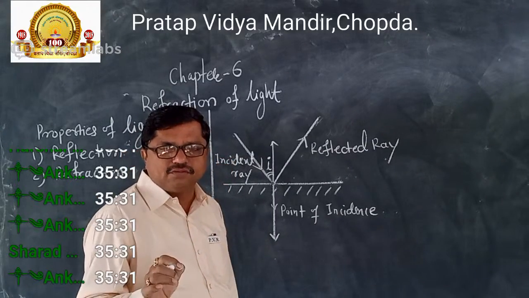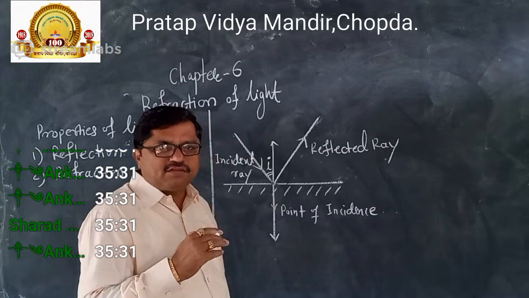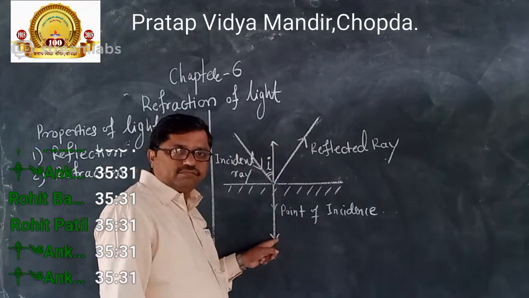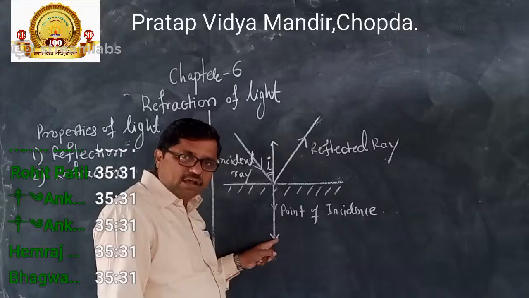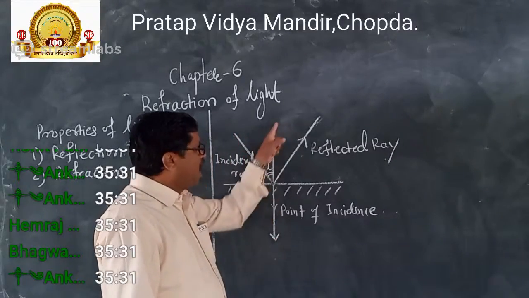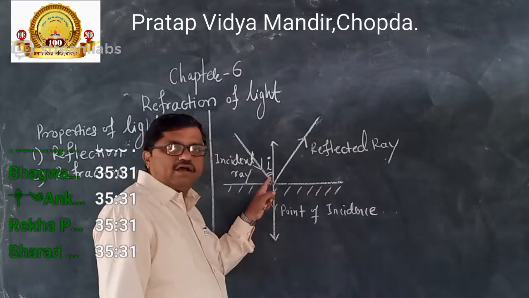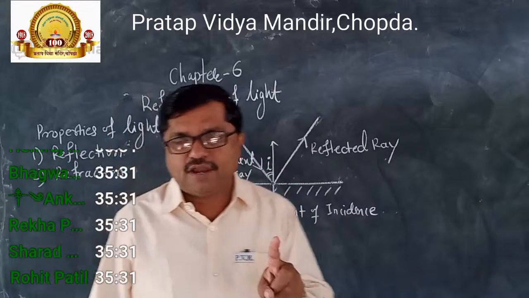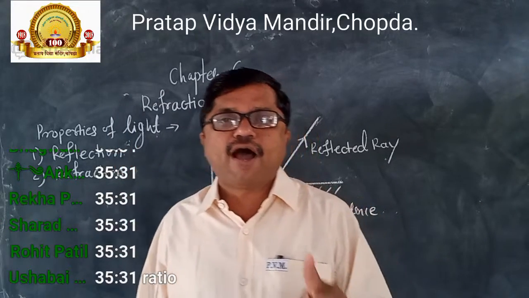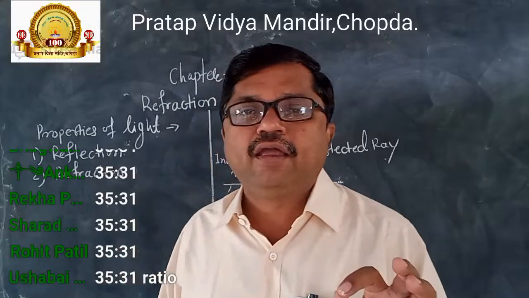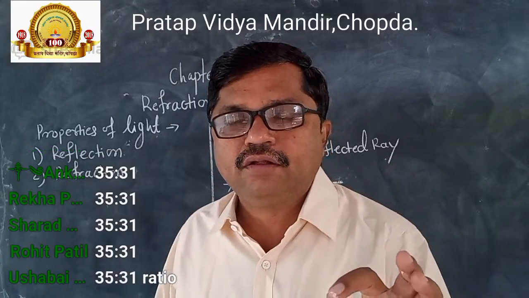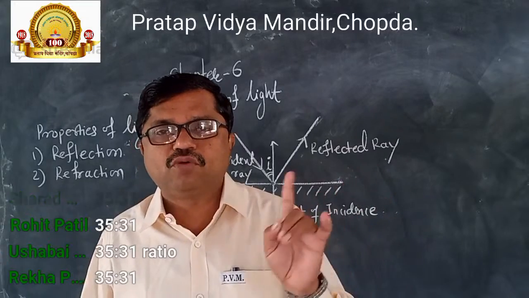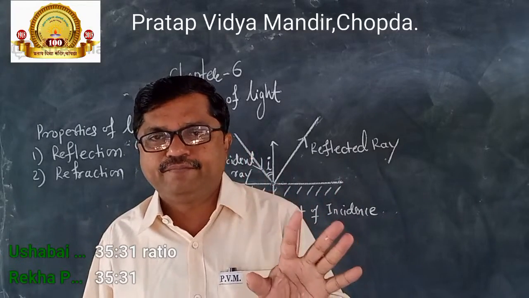It is the angle between the incident ray and the normal, and in the case of reflection of light it is always shown by a small i.